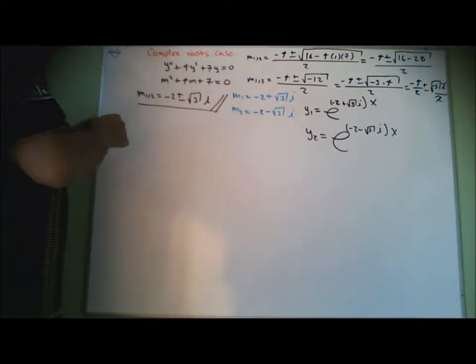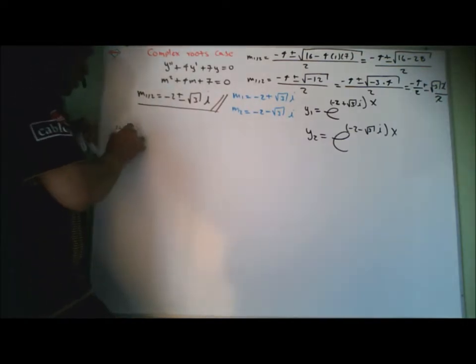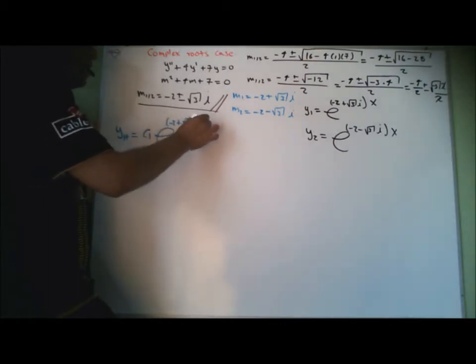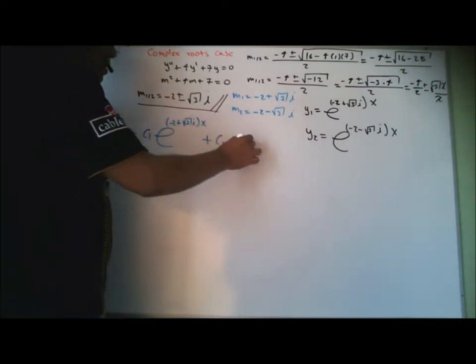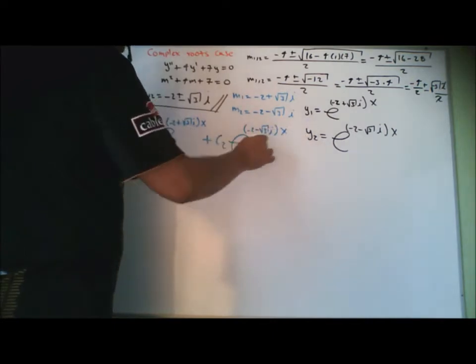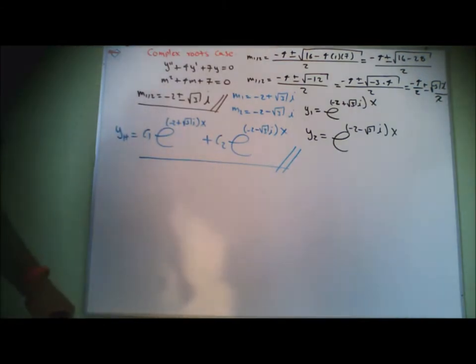So my homogeneous solution will be c1 exponential of minus 2 plus the square root of 3 i x plus c2 exponential of minus 2 minus the square root of 3 i x. And that's it. Okay, so we finished.